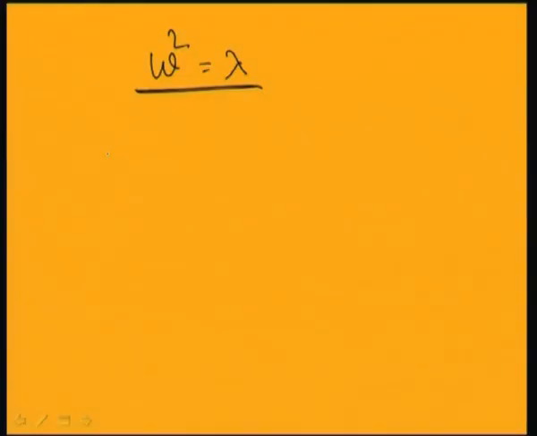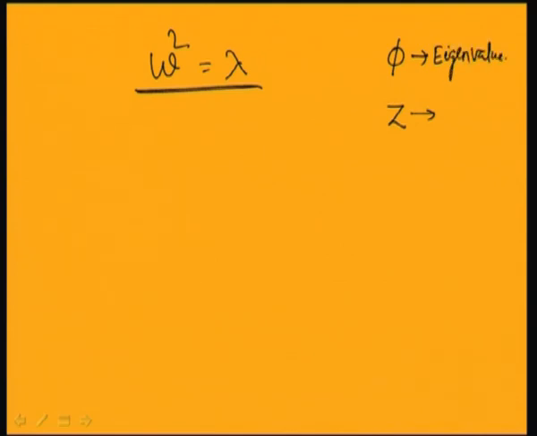So, I can find the eigenvalues and eigenfunctions of the system. Let me take initially this phi as the eigenvector of the system.